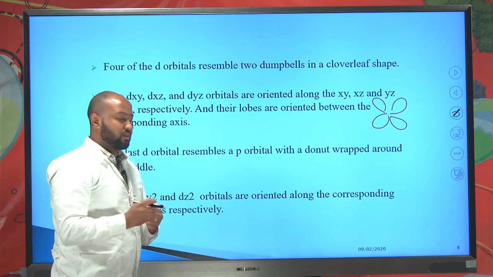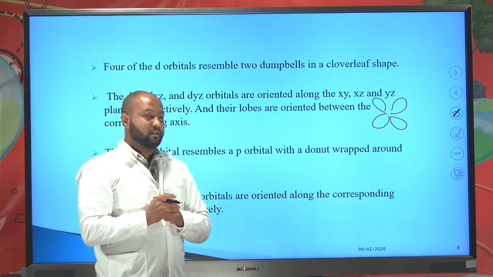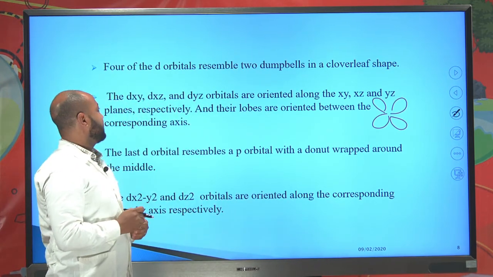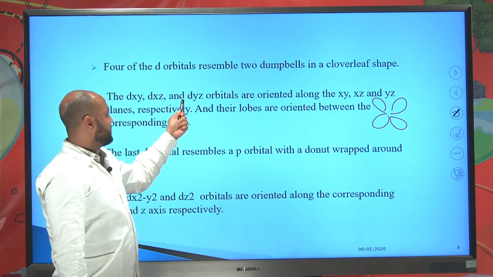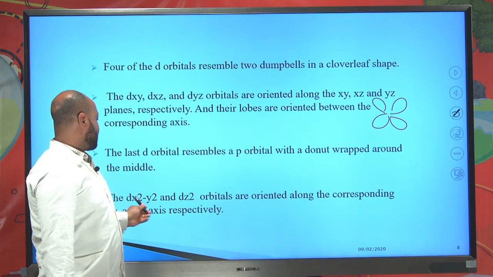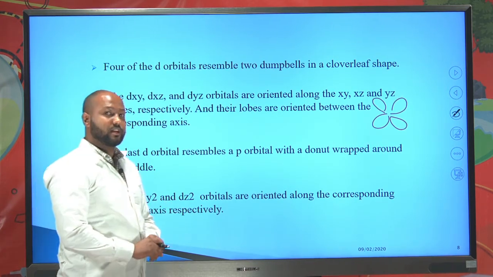As I showed before, there are 5 D orbitals: dxy, dxz, dyz, dx squared minus y squared, and dz squared. It has 5 orbitals.